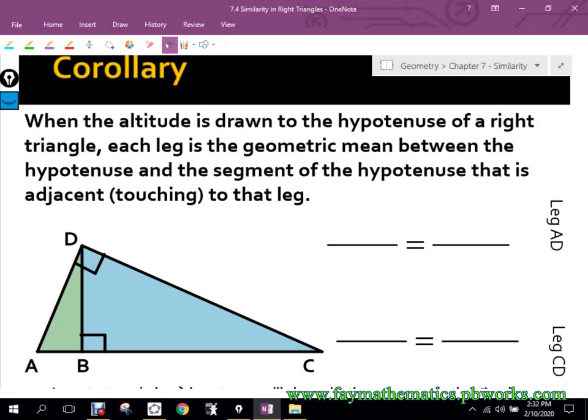It says each leg is the geometric mean between the hypotenuse, again, the overall hypotenuse, and now the segment of the hypotenuse that is adjacent to that leg. So I'll give you a minute to write that down, draw that picture, and then we'll fill in these proportions and then generalize those proportions like we did in the last one.